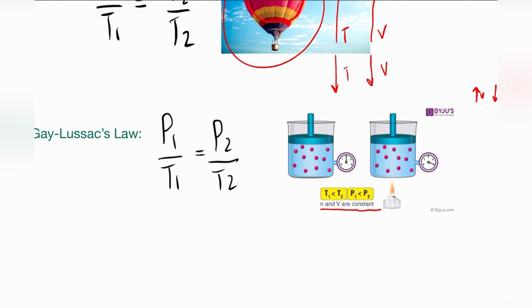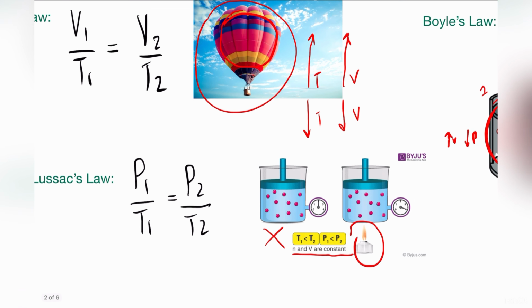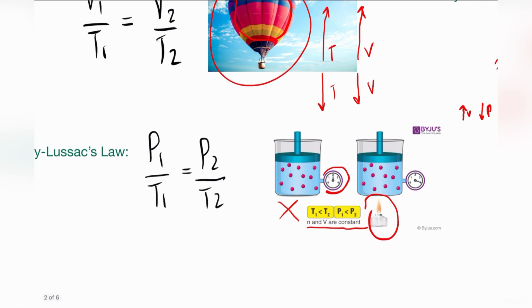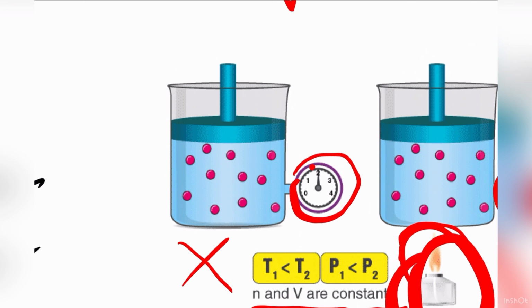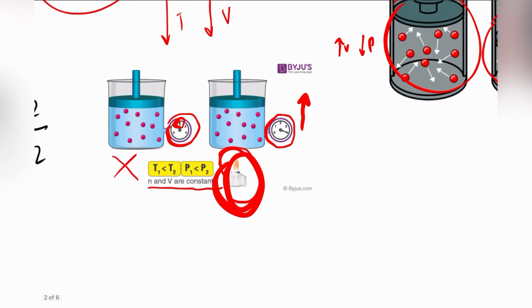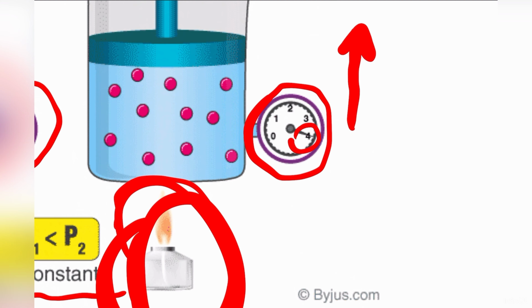However, if we add temperature, so we have a flame here and this one does not, the pressure increases. We have a small gauge here. When we added this flame, the pressure went up compared to this one, which is stuck at the measly 2. As for this one, the pressure increased to 4.